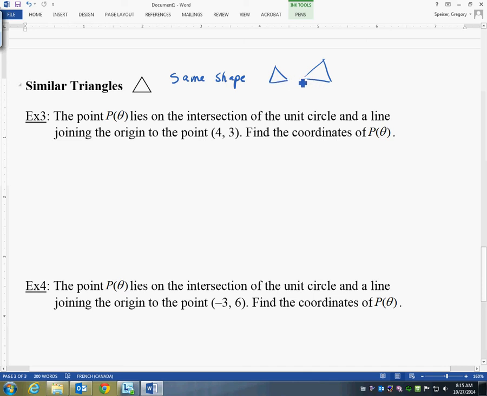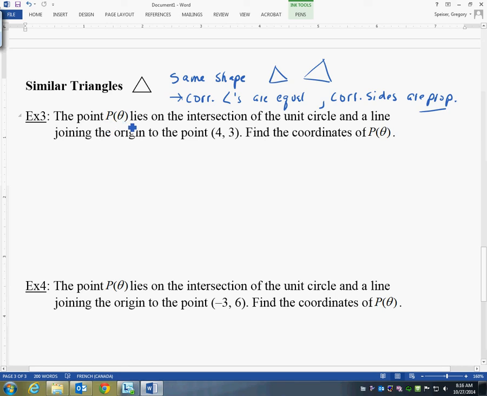But anyways, we're supposed to have two triangles that have the same shape, and what you learn from this is that the corresponding angles are equal, and the corresponding sides are proportional. And if you're like, oh, what does proportional mean again? You know what? Just relax. We'll do the example and it'll all become clear. At least I hope so.